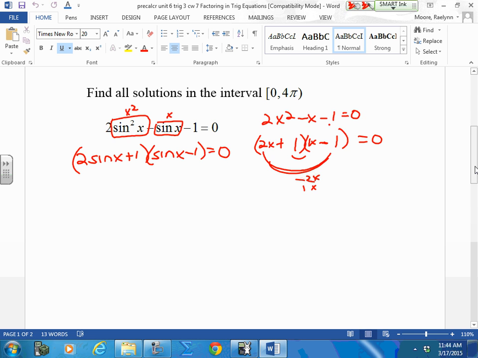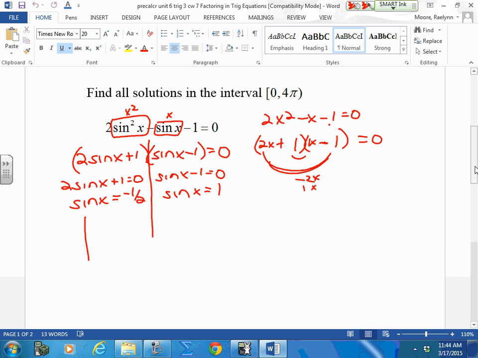You're going to set your factors equal to 0. So we're going to subtract 1 and divide by 2. Now, same as last night's homework. You have an angle whose sine is negative 1/2.